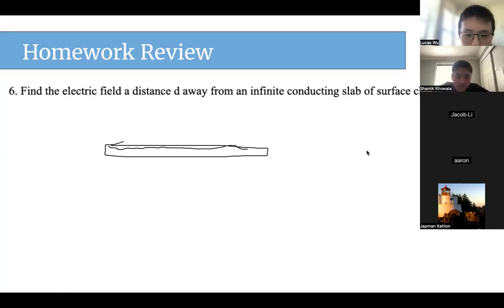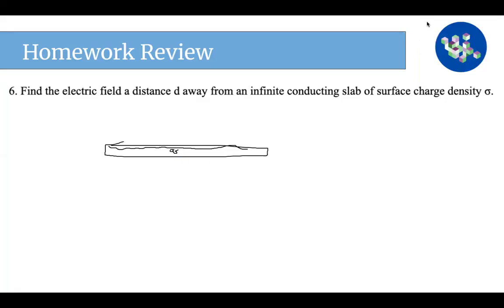So we can just say Q here, and then we'll draw our cylinder. This cylinder is the Gaussian surface.